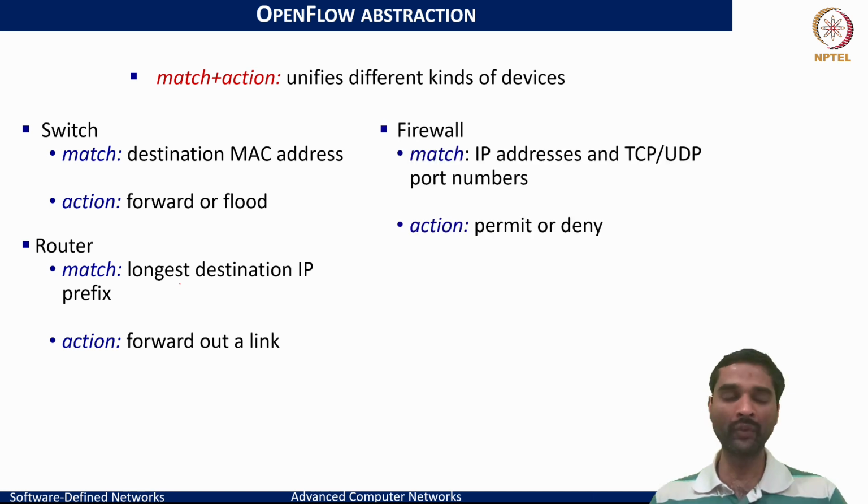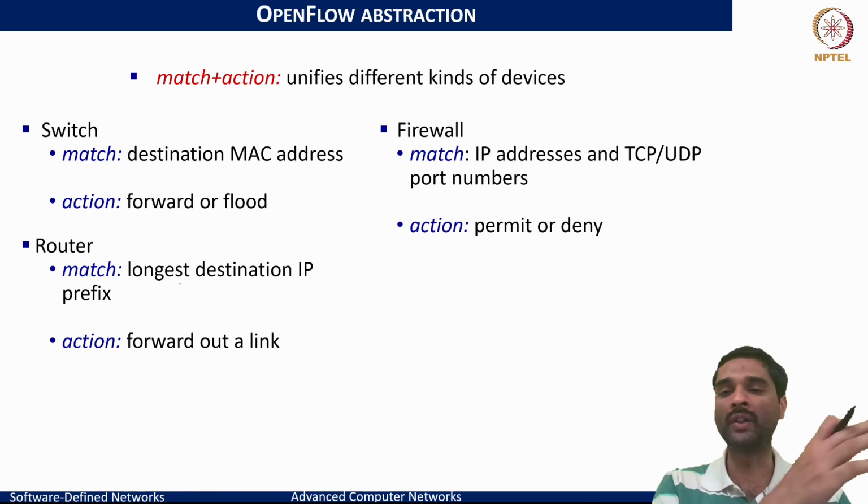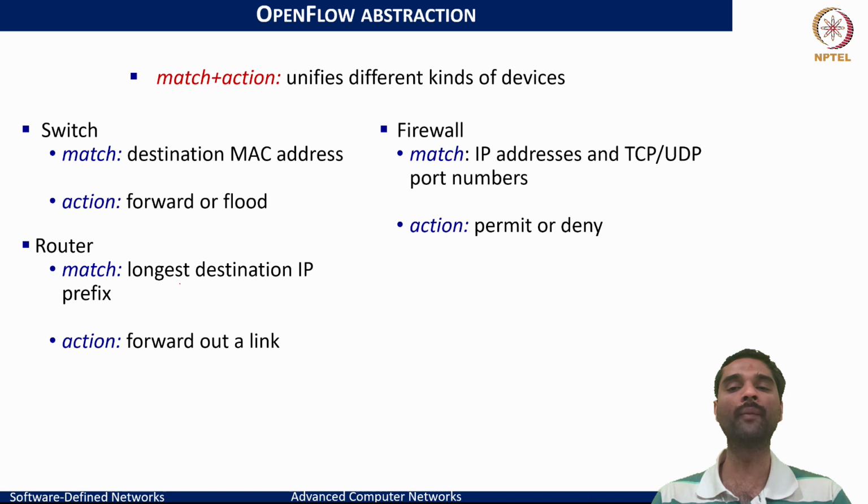Further up, we can even implement specific middle boxes right within the construct of OpenFlow. Think of a firewall. What it would typically do is try to match on specific IP addresses, either the source IP or the destination IP, and try to match on the specific TCP or UDP source and destination port numbers.